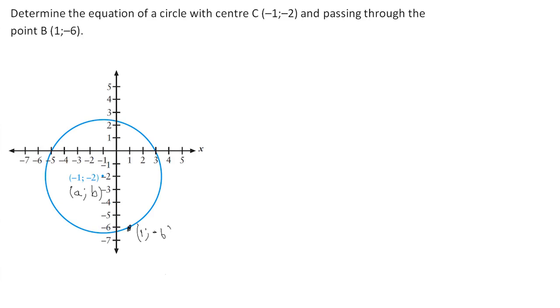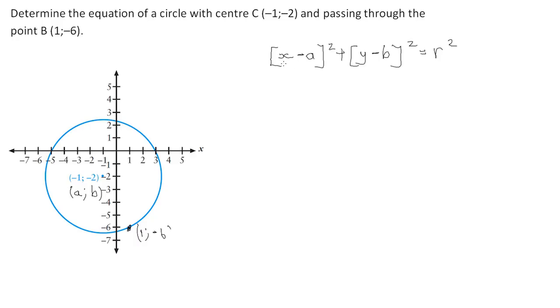The formula that we will use now is (x minus a) squared plus (y minus b) squared is equal to r squared.